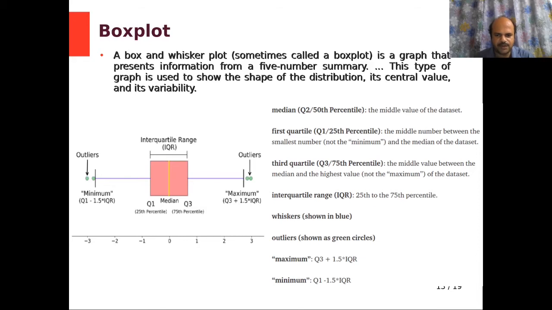For the maximum value, we have Q3 plus 1.5 times IQR. If our point lies beyond this minimum and maximum value, then those specific samples or points are called the outliers. In this way, we have the box plot.